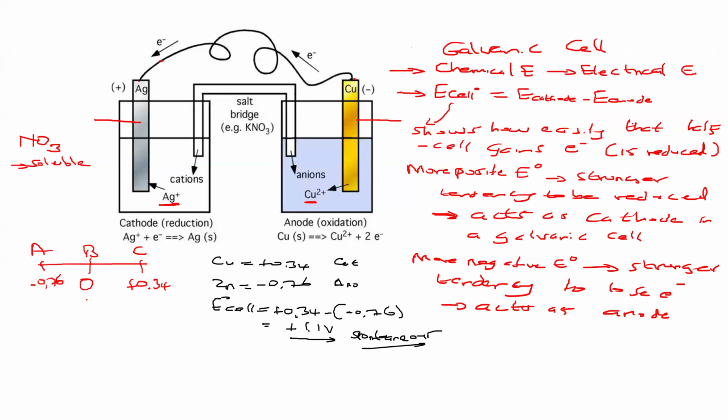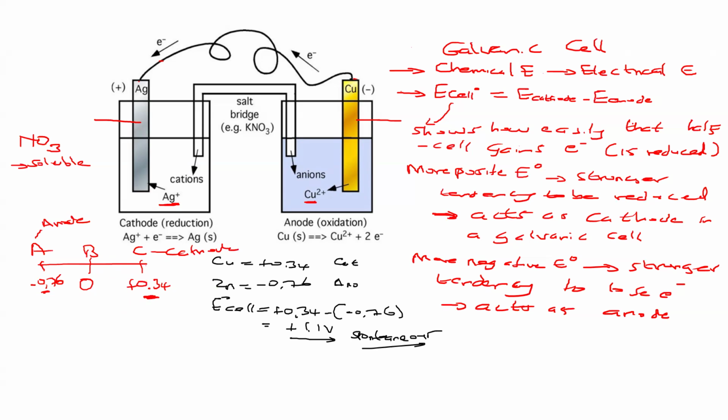You put these things in ascending order. So you can say A for anode, and then C for cathode. Can you still see that copper will be the cathode in this case, and zinc will still be the anode? There are many ways that you can figure out which one is the anode and which one is the cathode. I hope it makes sense.